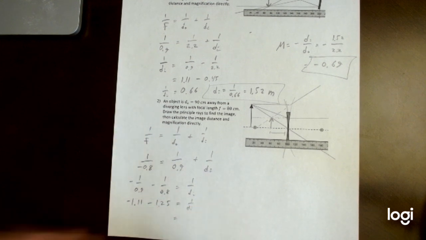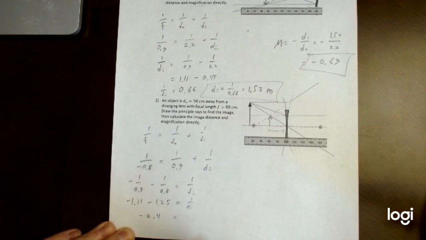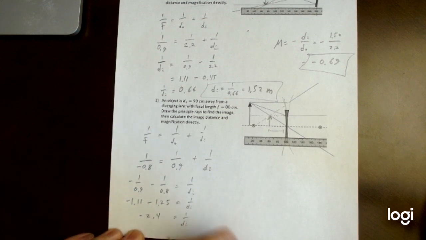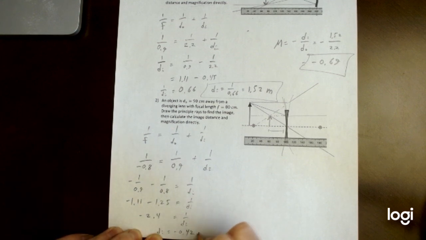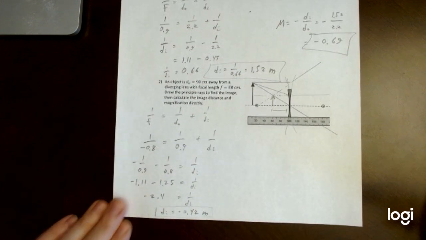And if we finish subtracting those numbers together, it gives us about minus 2.4-ish for 1 over di. And if I invert both sides of that, that will give us minus 0.42 meters for our image distance.